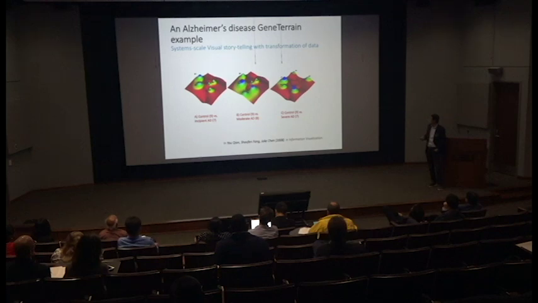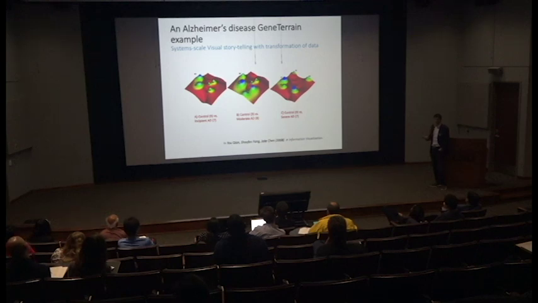solutions together. So this is one example. If I don't tell you how I made these visual patterns possible, you can probably still gain some ideas. I can tell you that these are three conditions of Alzheimer's disease at a molecular level.